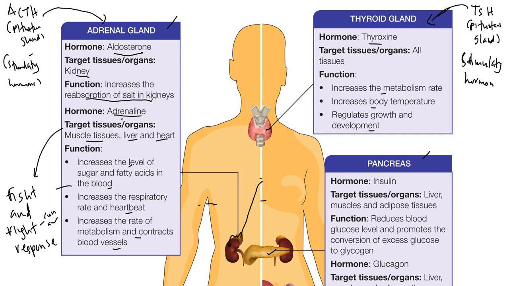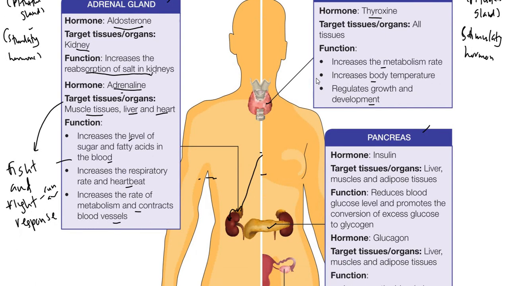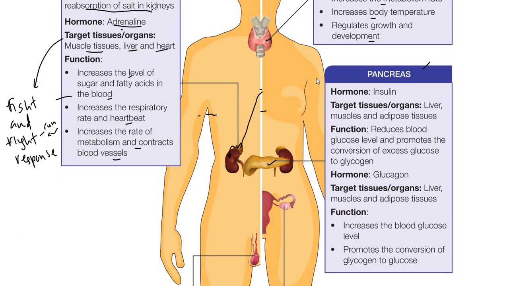Okay, next we move on to the pancreas. The pancreas has a lot of functions and is involved in other systems. For example, the pancreas is also involved in the digestive system, so it functions in the digestive system and also the endocrine system.